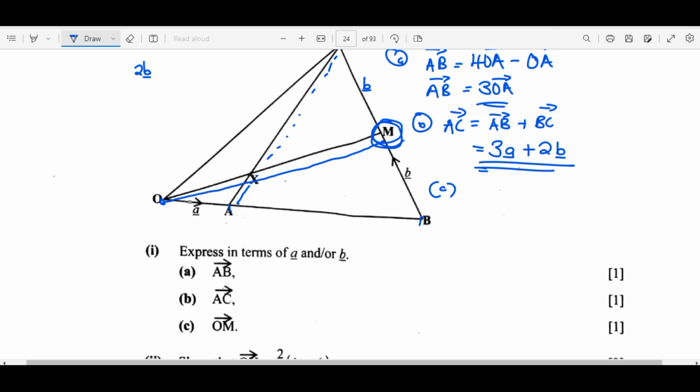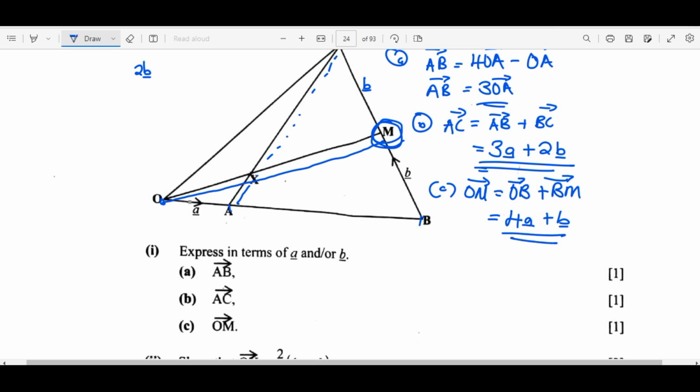So in this case we would say OM is equal to OB plus BM. This was simple. So we're going to substitute OB. Obviously we know what OB is, that is 4A, and then plus BM, BM we know that is B there. So this is our answer.